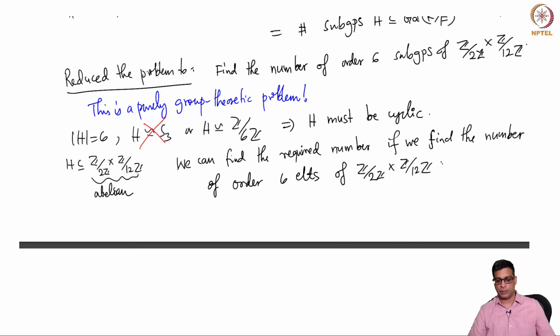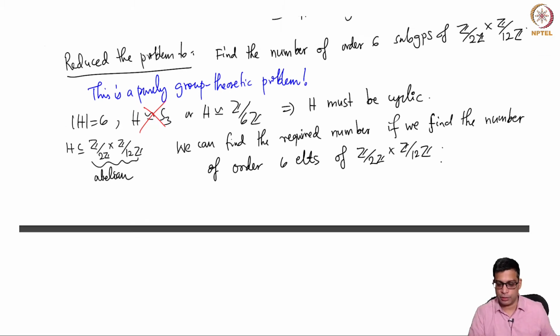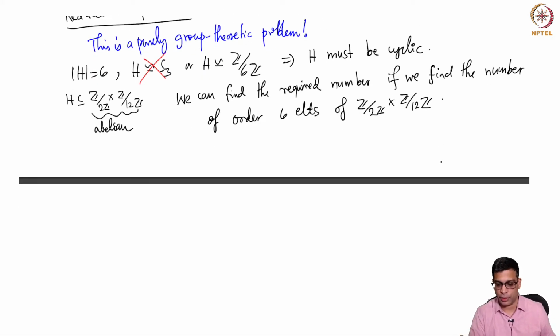Okay, so this is what we need to find now. Note that the number of groups of order 6 is not equal to the number of order 6 elements, because if you take an order 6 element, its inverse will also have order 6. So these two will give the same group. So it's really the number of order 6 elements divided by 2. But now we are in business because we have to find the order 6 elements.